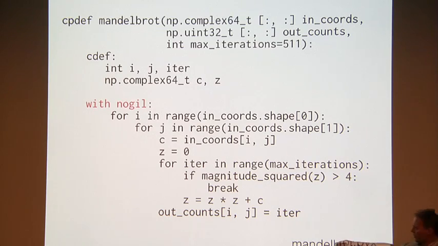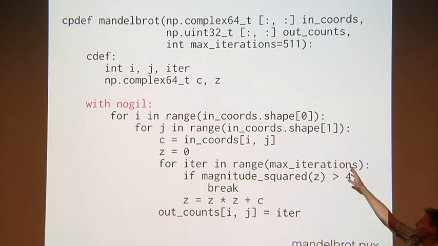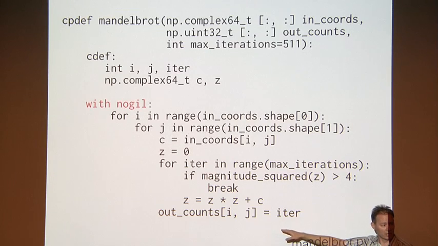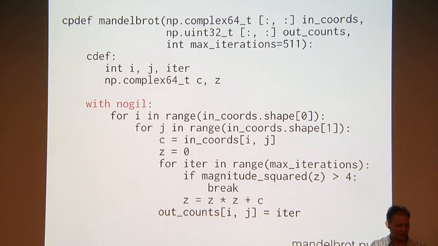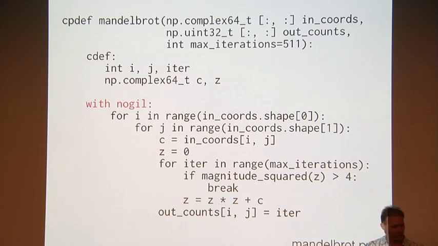So I could put arbitrary Python code in here, reference global variables, or even pass in another argument without a type. But if I reference it here, it says, well, it's a Python object, I need to go into the Python interpreter to find out what's there. And in the compilation, it'll blow up. So by putting that in and making sure it still compiles, I know that I have done everything.